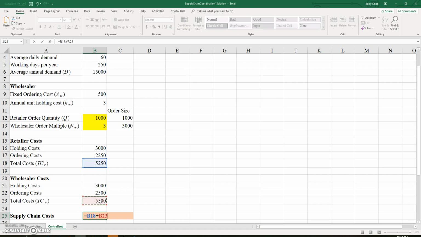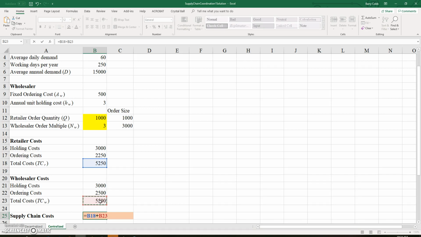Here's where the centralized model differs from the decentralized. In the centralized model, we make the assumption that the retailer and wholesaler work together to choose a combination of order quantity and order multiple that will minimize the total supply chain cost.